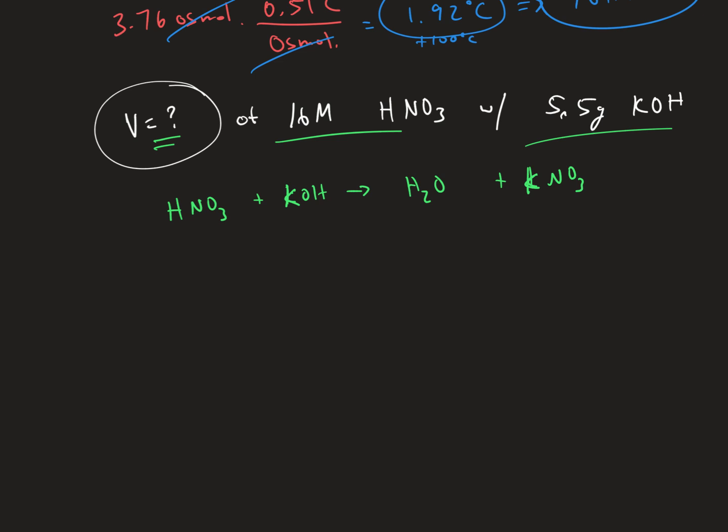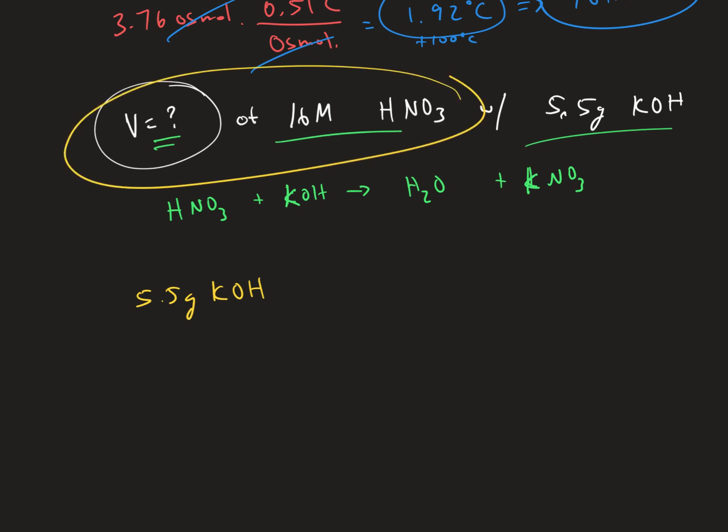So if we start with 5.5, let's use a different color. 5.5 grams of potassium hydroxide. And what do we convert to? We eventually got to find volume of HNO3. So let's convert that to moles, and then what? Stoichiometry. Mole to mole to get to HNO3, because that's what we're interested in.